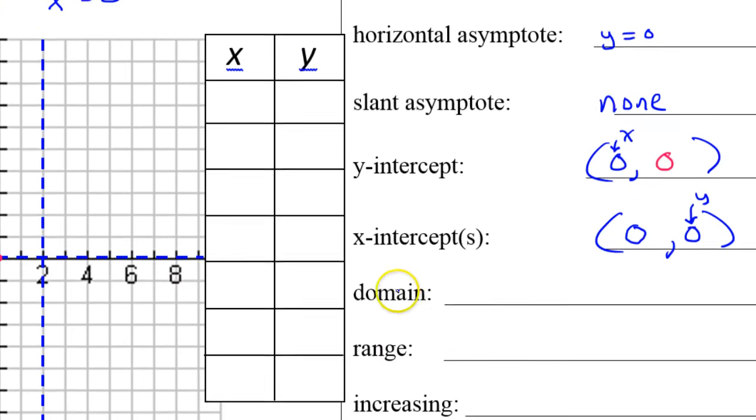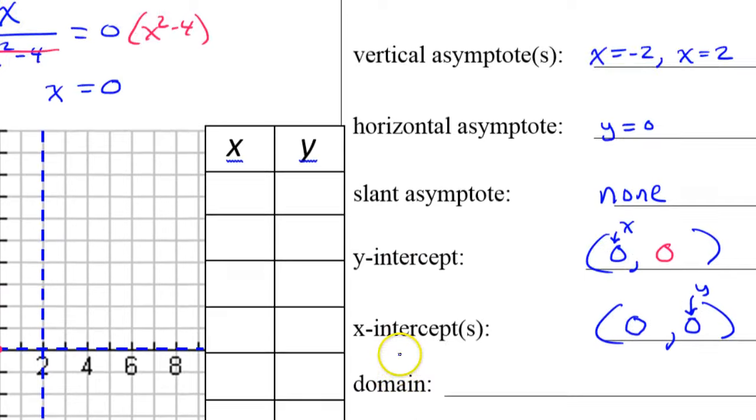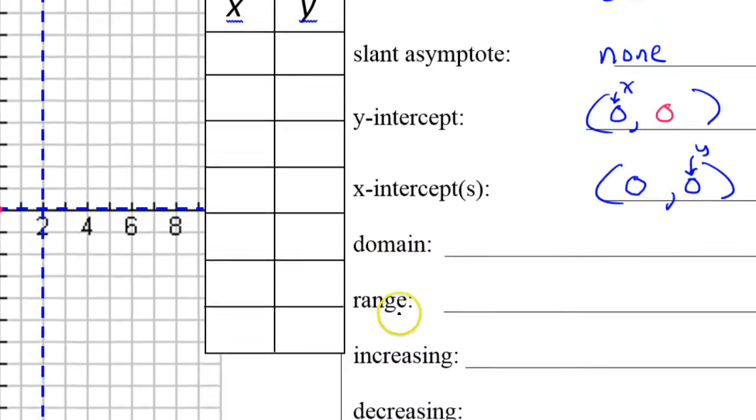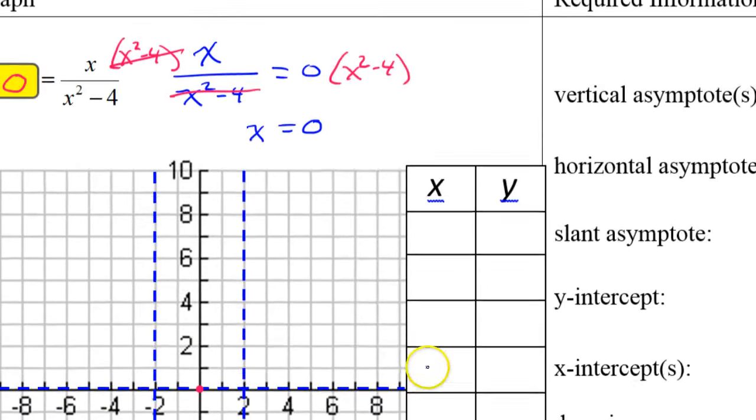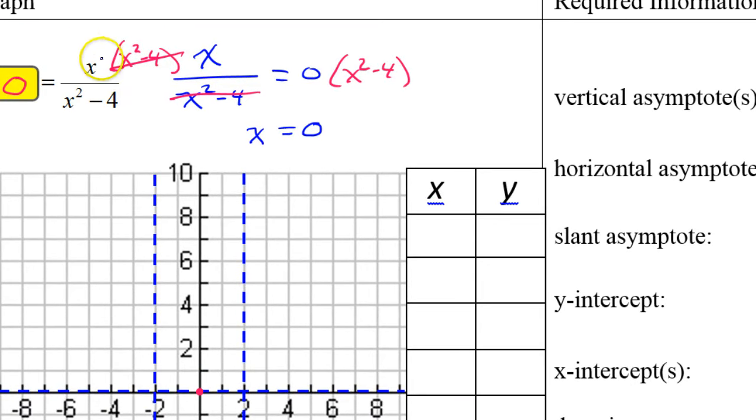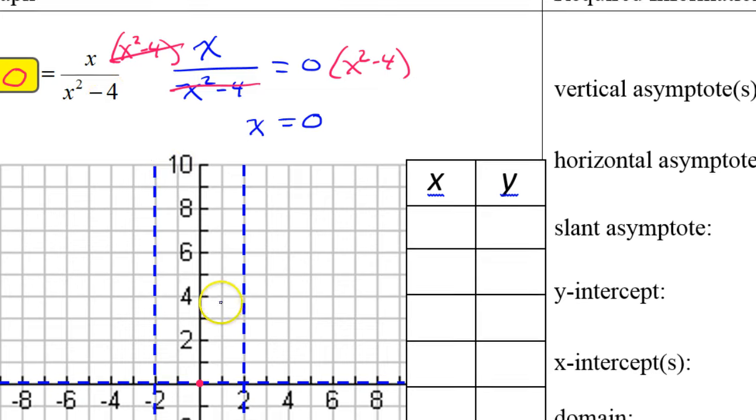This really is enough information for me to find the domain. You don't need the graph in order to find the domain. You need to know if there are any holes. There are no holes. Remember, holes happen when something cancels out. There are no factors here that cancel out, so there are no holes.